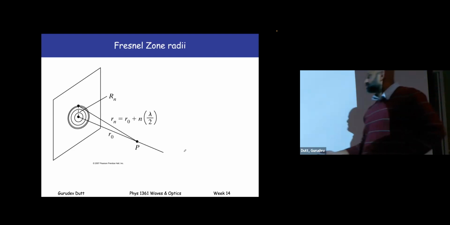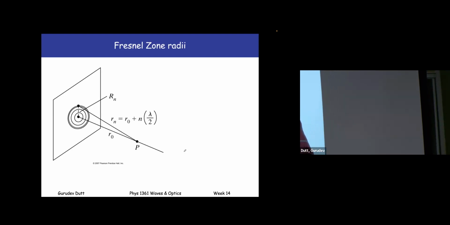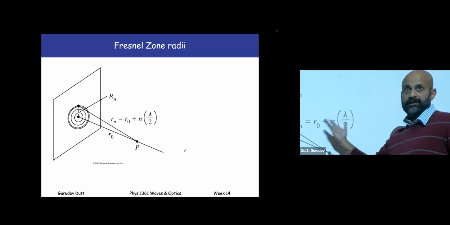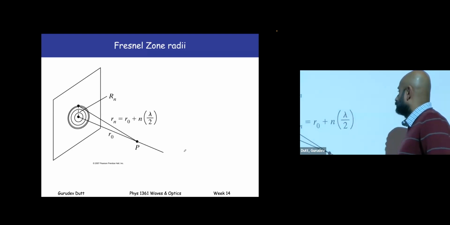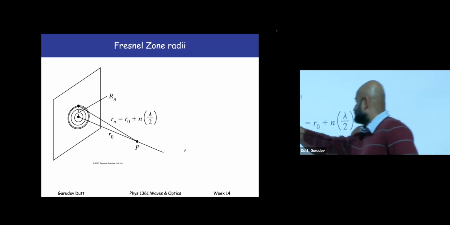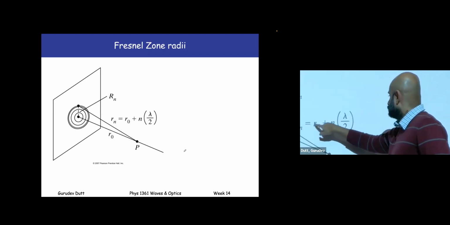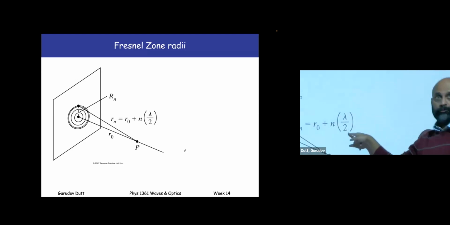And the way to understand that is we know how the Fresnel zones are constructed. We take the distance P to R naught, which is the distance from P to the aperture central point. And then we take another sphere with radius R naught plus N lambda over 2, N being the nth Fresnel zone.